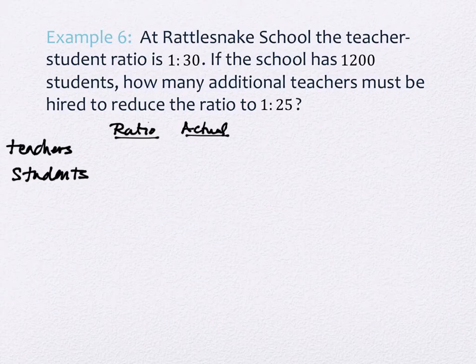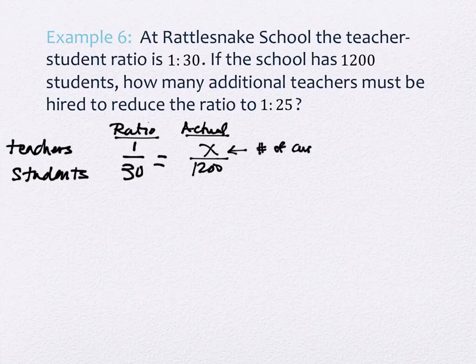The teacher-student ratio is 1 to 30, so that's going on the left. But the actual number of students is 1,200. So this x here is going to find me the number of current teachers. I'm not exactly asked for that directly, but I need it in order to find how many new teachers need to be added into the staff.